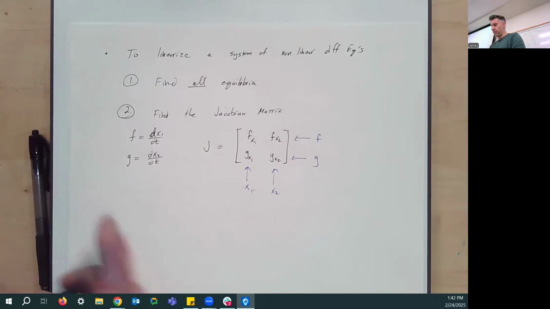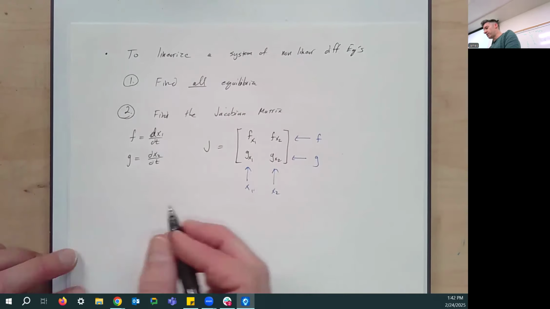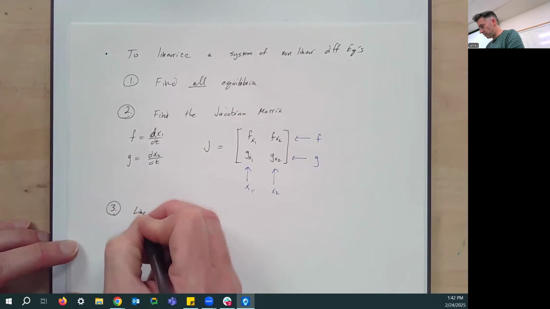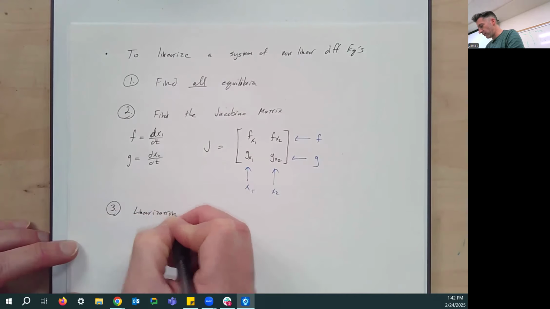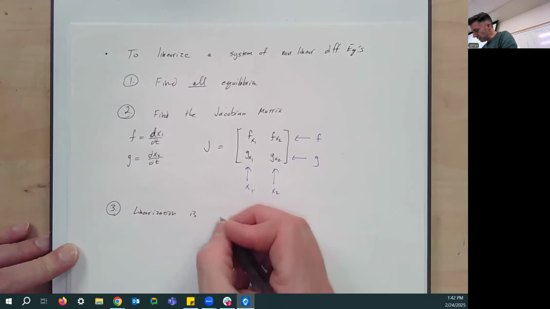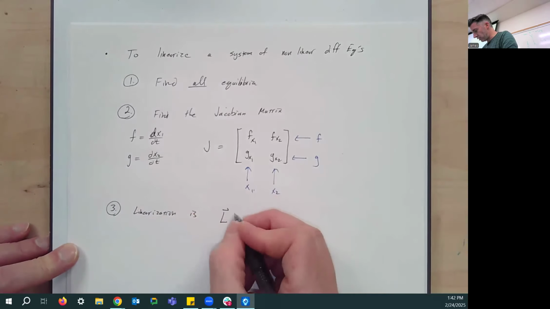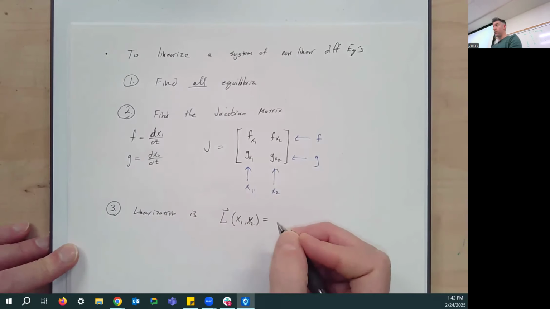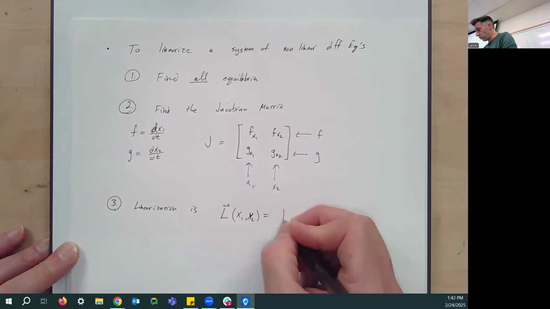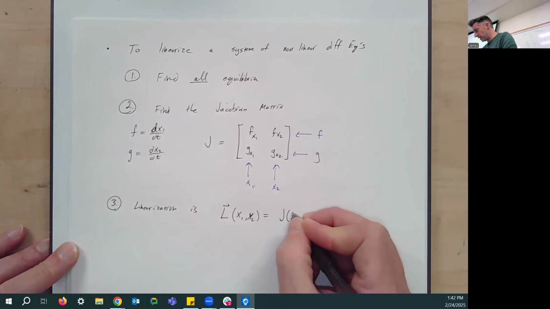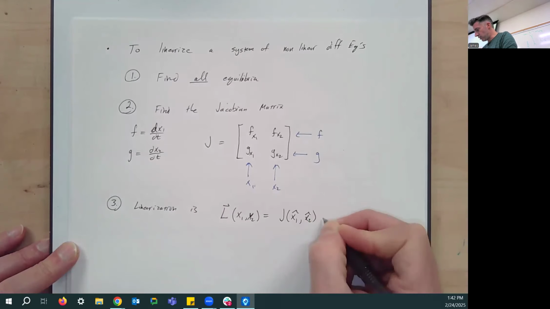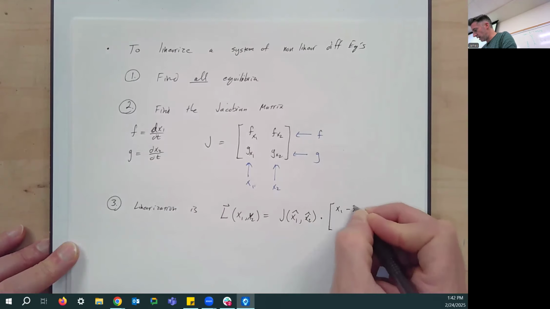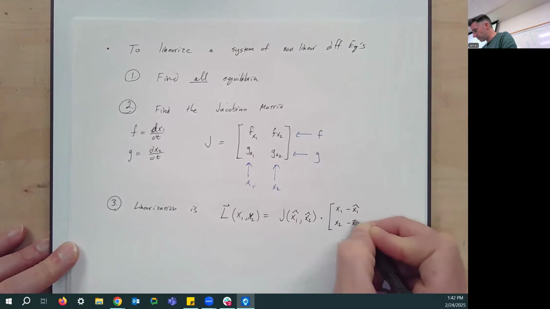And then step three. Your linearization, which you already kind of wrote down and I'm writing again, is the linearization as a function of x1 and x2 equal to that Jacobian matrix with your equilibrium plugged in, multiplied by the vector x1 minus x1 hat, x2 minus x2 hat.